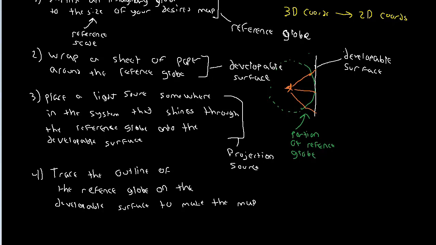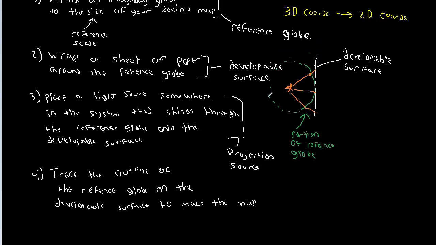And in this lecture video, I want to continue our discussion on this idea of coordinate systems and map projections by talking about how we can categorize or describe the relationship between this reference globe, which again is an imaginary globe that we've shrunk down to meet the reference scale, which is the intended scale, the relationship between the real world and the eventual map.